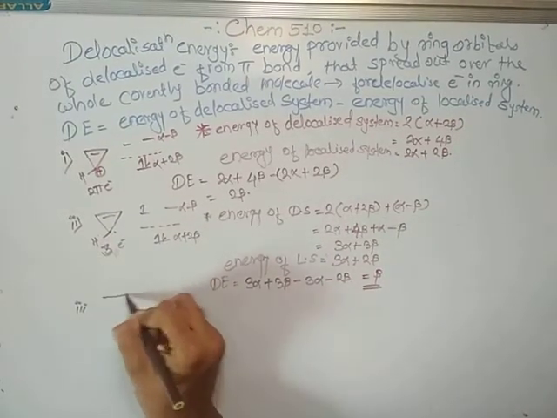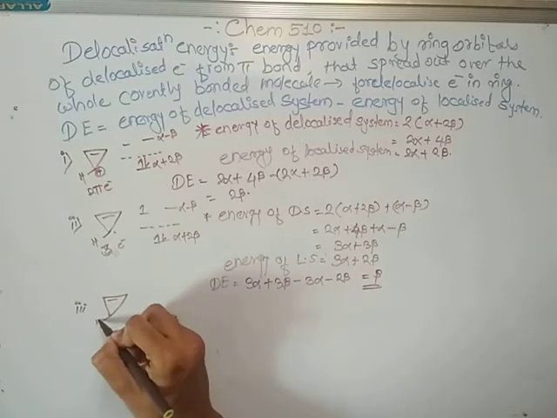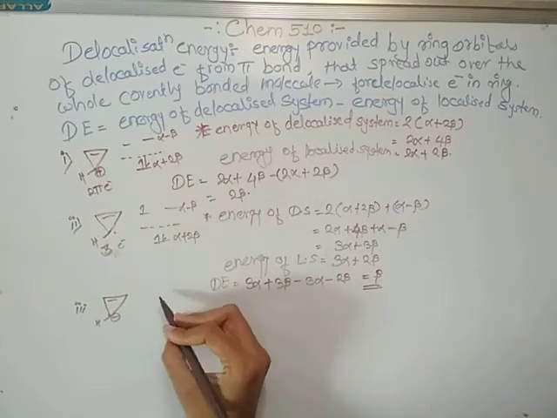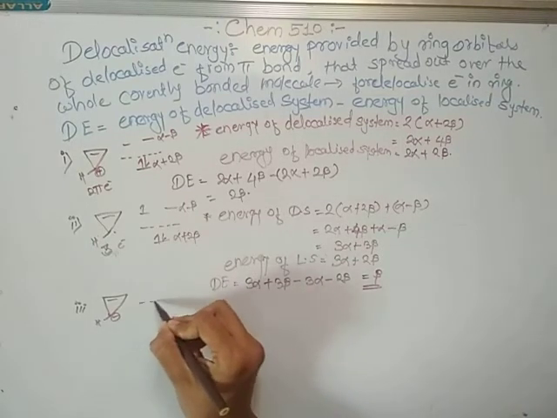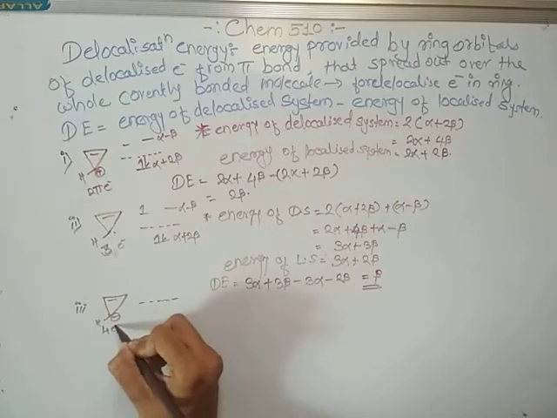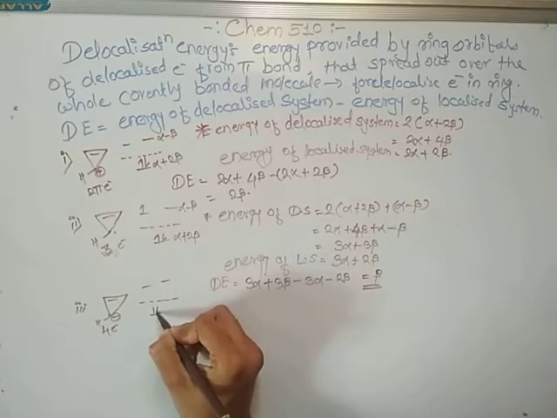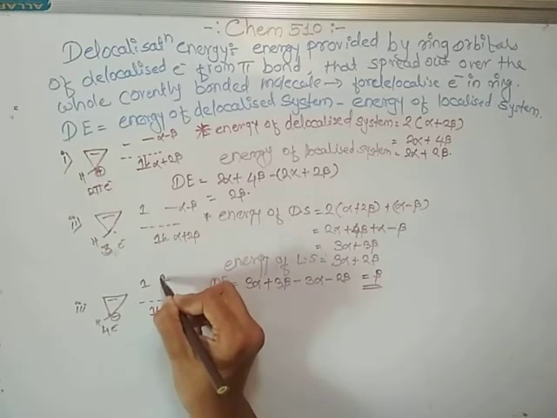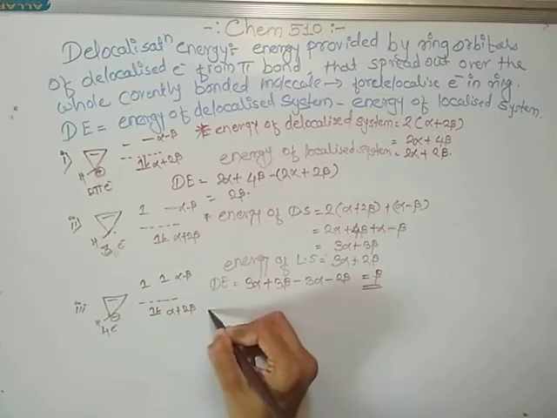Third one is cyclopropyl anion, having 4 electrons, 1 2 3 4, with orbital energies alpha minus beta, alpha plus 2 beta.